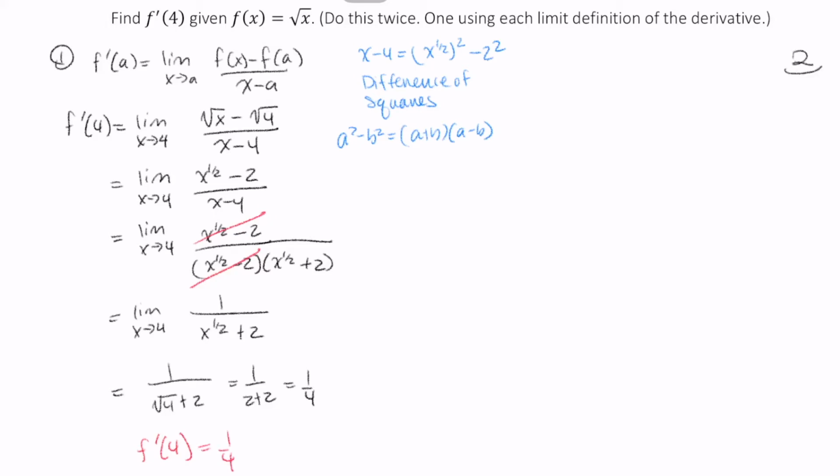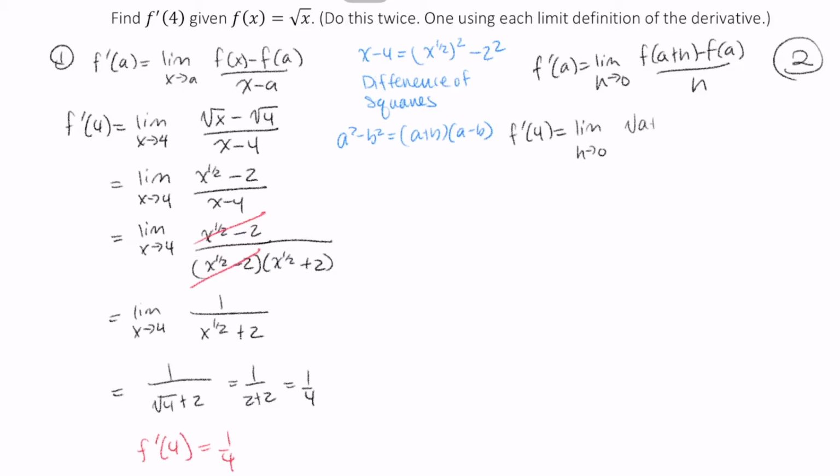Now let's do this again with the second definition, that is f prime of a equals the limit as h approaches 0 of f of a plus h minus f of a over h. So f prime of 4 is equal to the limit as h approaches 0 of the square root of 4 plus h minus the square root of 4 over h.